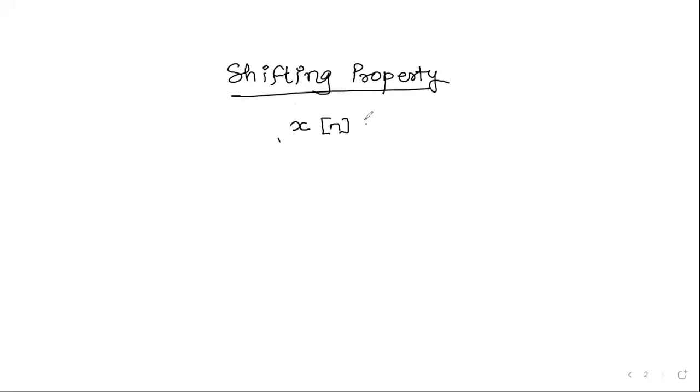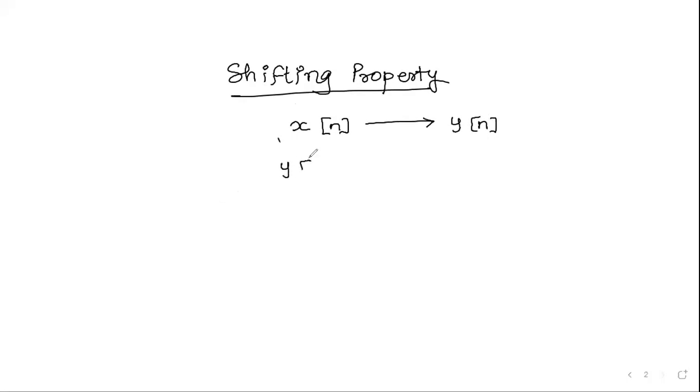Shifting property says that if the input is x of n and it produces the output y of n, right?